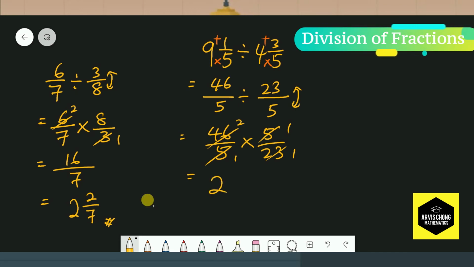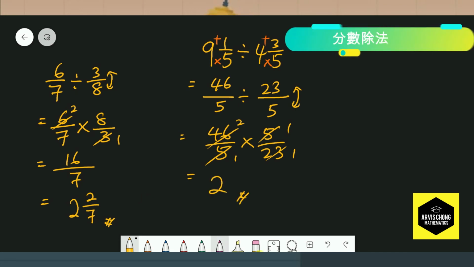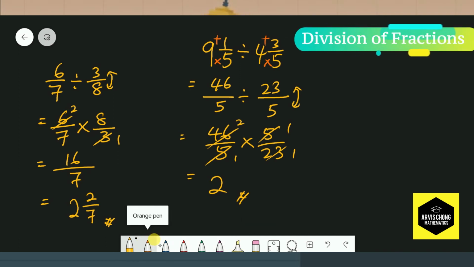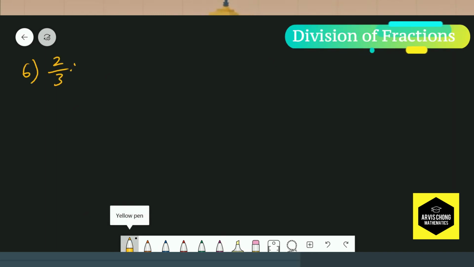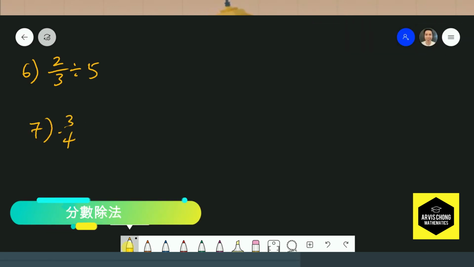Okay, so the following questions are the exercise for your reference. You can try all these exercises. Let's look at the questions here. 2 over 3 divided by 5. Number 7 is 3 over 4 divided by 2.